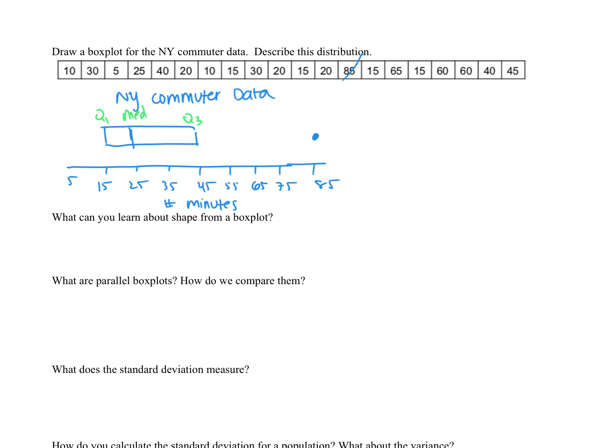So the next highest that wasn't an outlier is that 65. So that means that this upper whisker is going to go to 65. On the lower end, there is no outlier, so all we're doing is going down to that lowest observation, which is 5. That is a box plot.